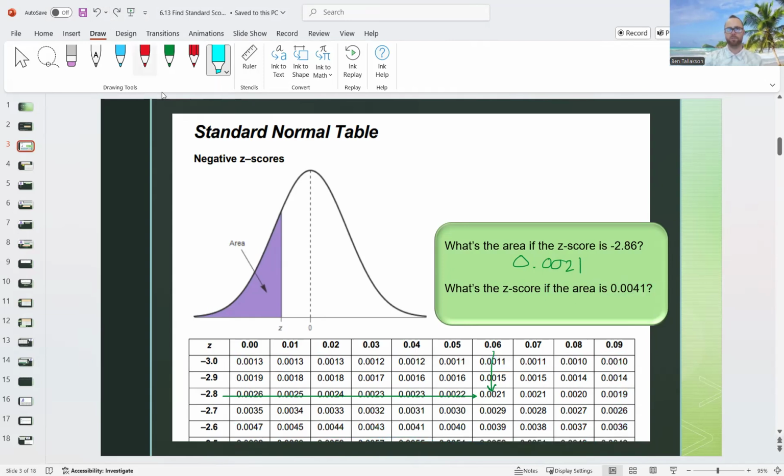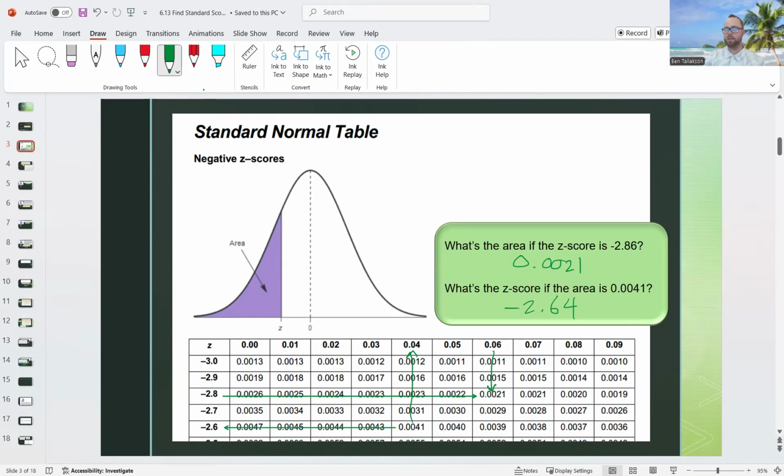Do you see it? Let's point it out. 0.0041 is right here, and we're going to work inside out this time to find the z-score. If you take a look, that's going to be negative 2.64.